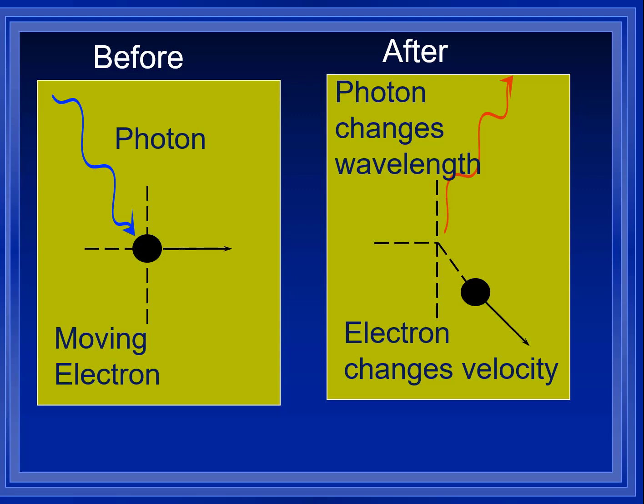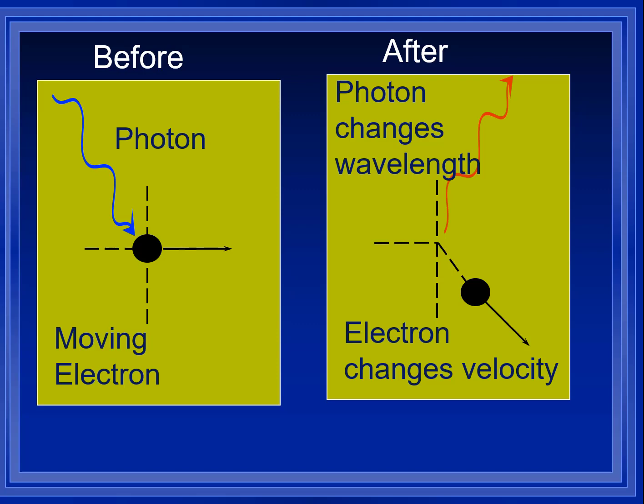So if I'm going to hit a light wave onto a moving electron to tell its position, I can only tell it within one wave. I couldn't get any better. I can't figure out when it's halfway between waves. So the best I can do about where its location is, is within one wavelength of light.